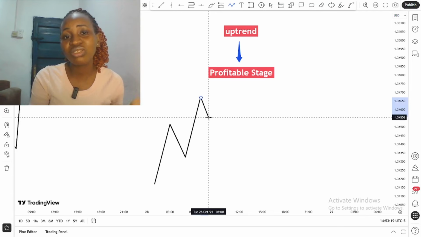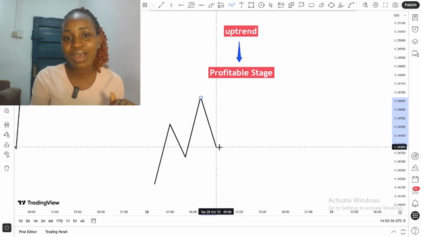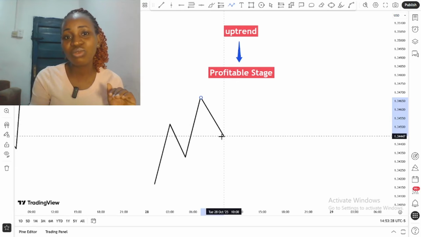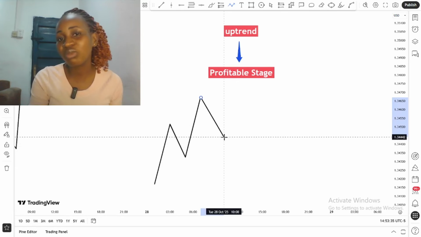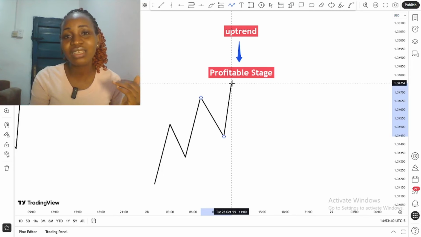But if the trader does not apply proper risk management as a profitable trader, the equity curve is going to go deeper like this, which represents the losing streaks. Eventually the profitable trader starts making profit, the equity curve pushes up like this, and it keeps going like this.